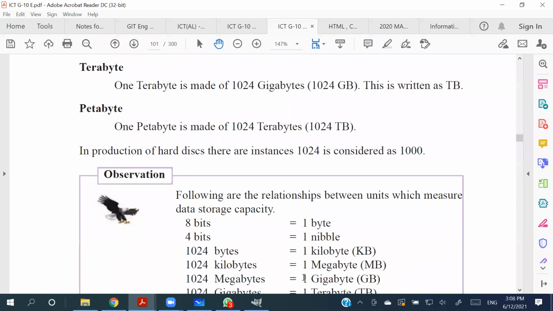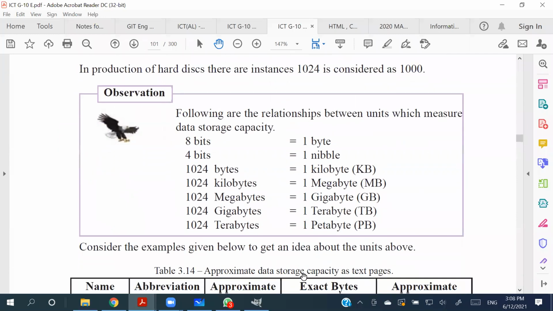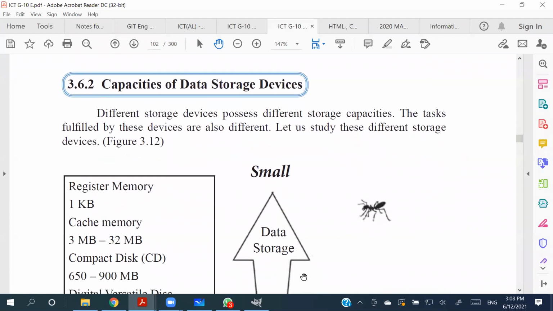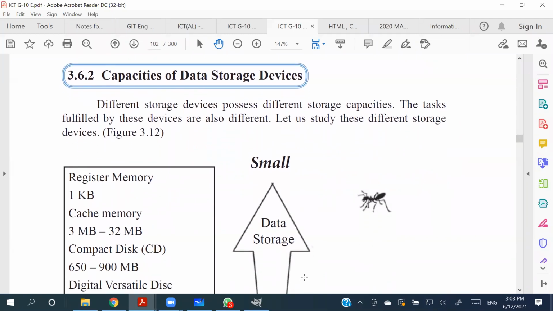So now we can move to this particular point, capacities of data storage devices. Now we get to know about the capacities. We are going to compare the capacities of data storage devices. So look at this.